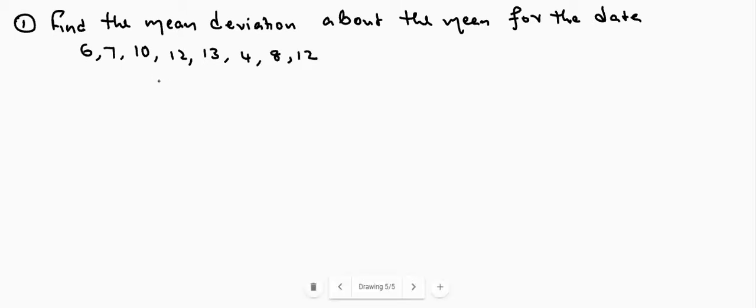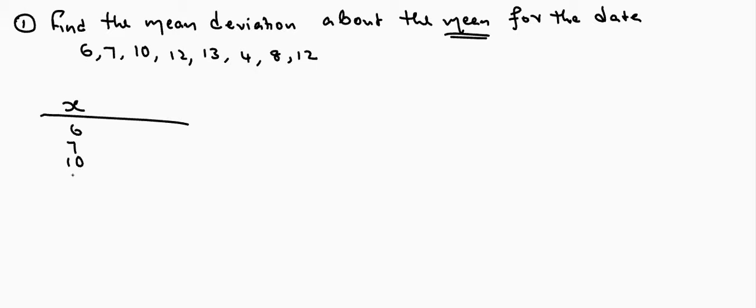We are going to discuss mean deviation. Mean deviation means mean of the deviations. First of all we have to find the mean, that is x bar. First column is x: 6, 7, 10, 12, 13, 4, 8 and 12.